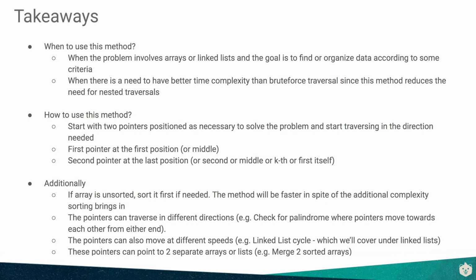Or if you have a problem where the size of the array meeting a particular criteria is fixed, then you can position a pointer at the kth position, where k is the size of the array which you are trying to find as a solution to the problem, right?